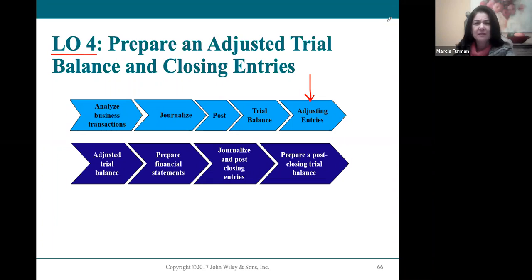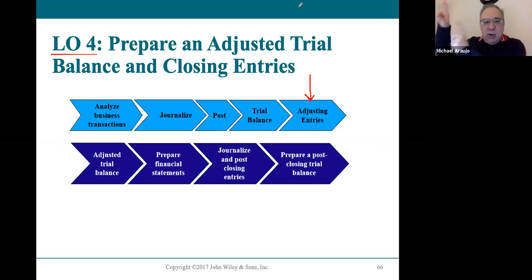Supplies expense and supplies, right? Two accounts, that's right. So you wrote that in the journal. Guess what? Those numbers are traveling over to the ledger, and now supplies has a new balance because it was just updated, and supplies expense has a new balance too.